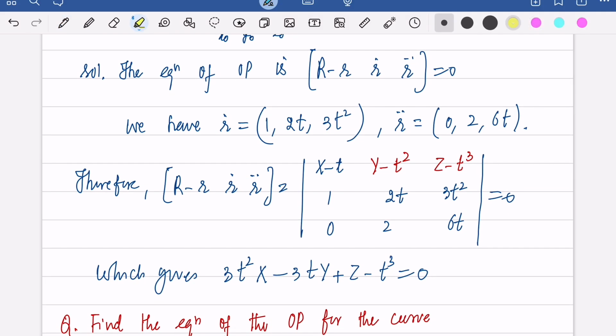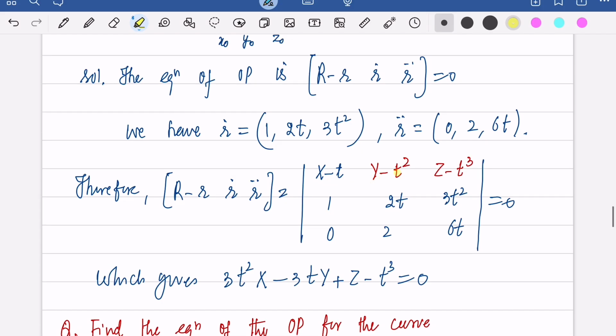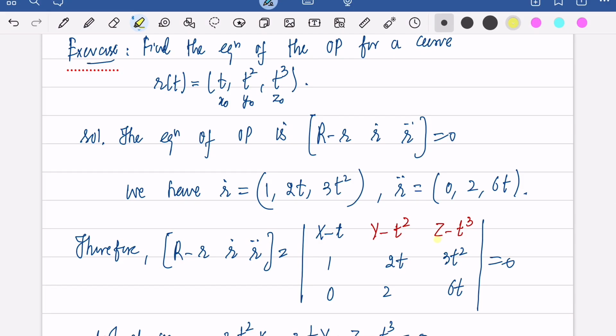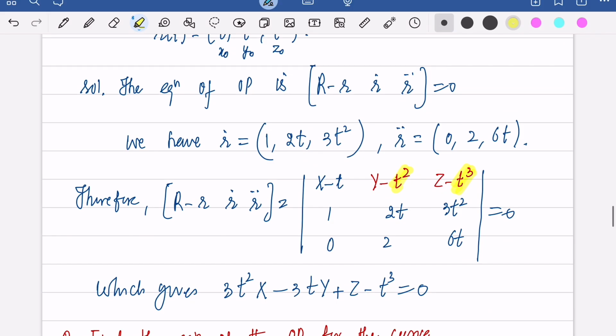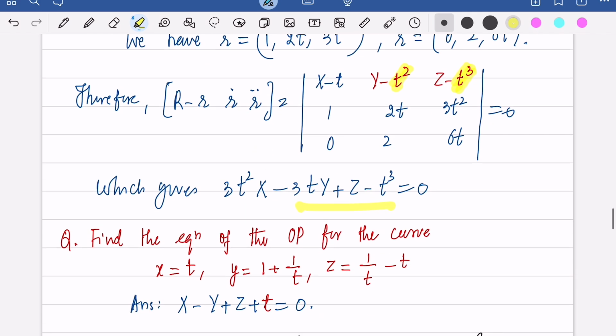So we have to replace the first row of this determinant by x minus x naught, the second by y minus y naught, where y naught is equal to t squared, and z minus z naught, where z naught is equal to t cubed. But we had mistakenly written t here and also t here. Now using this substitution, equating this determinant to 0 and computing the determinant, we obtain this equation. The answer is correct. There was no problem with the answer.